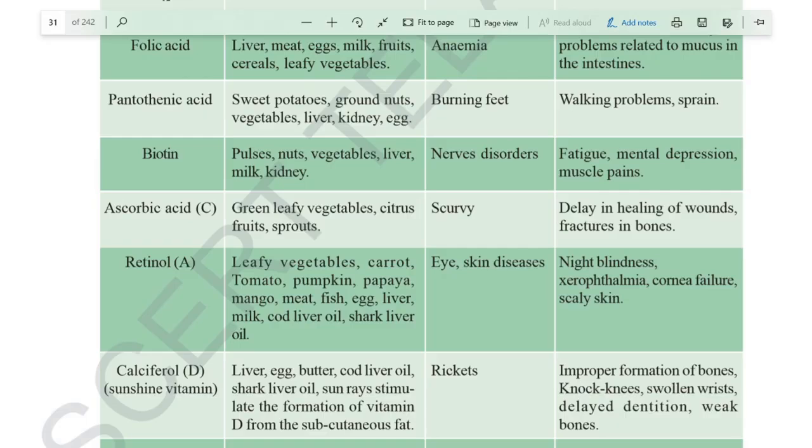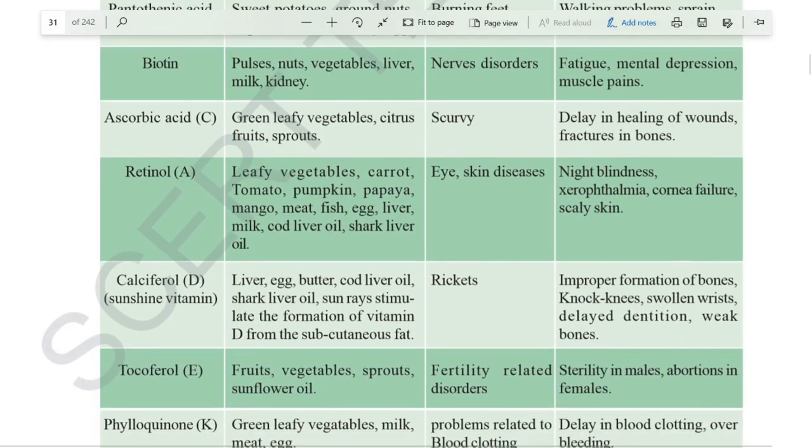That's why it has been given the name retinol, and it is abundant in carrots, orangish colored fruits and vegetables, and also in green leafy vegetables.